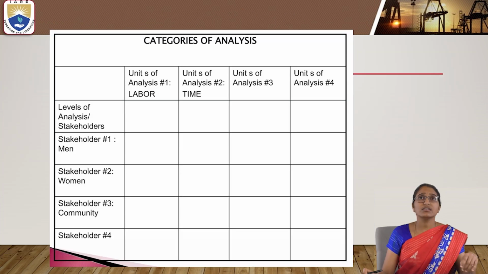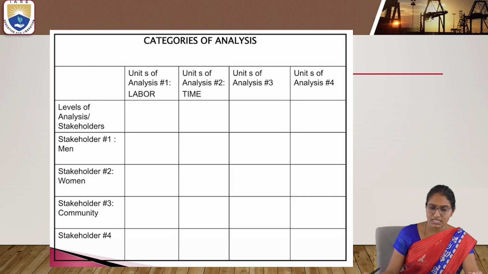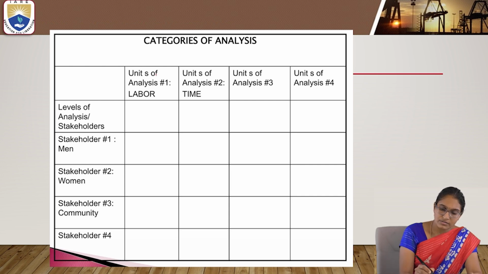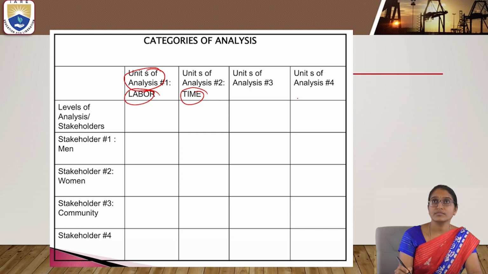So these are the gender analysis categories. We have already discussed the units of analysis we have. One is labor, one is time, and the other can be community, as well as the culture.